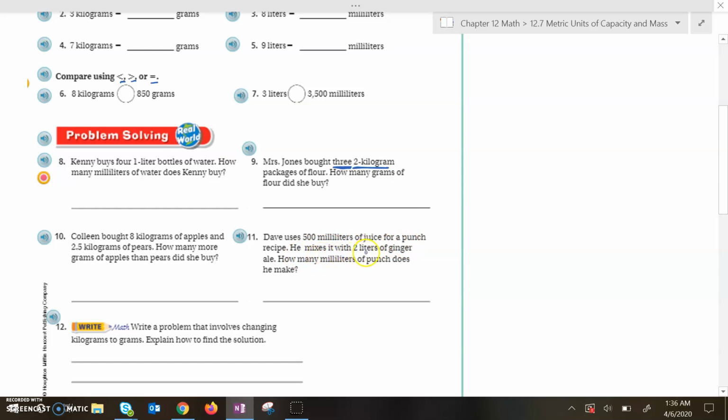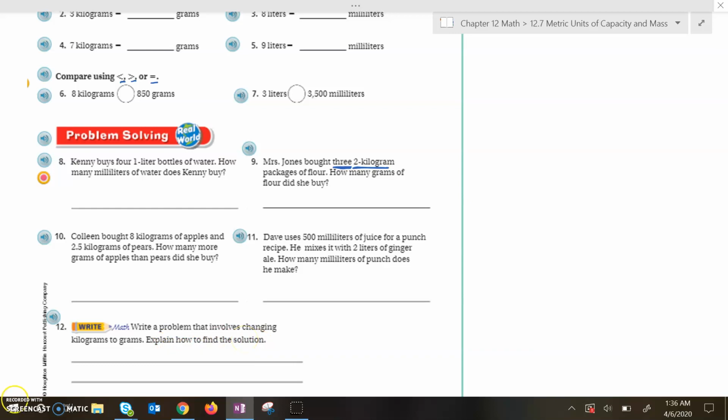He mixes it with 2 liters of ginger ale. Now ginger ale is kind of like a Sprite soda almost. How many milliliters of punch does he make? Number 12. Write a problem that involves changing kilograms to grams. Write how to find the solution.